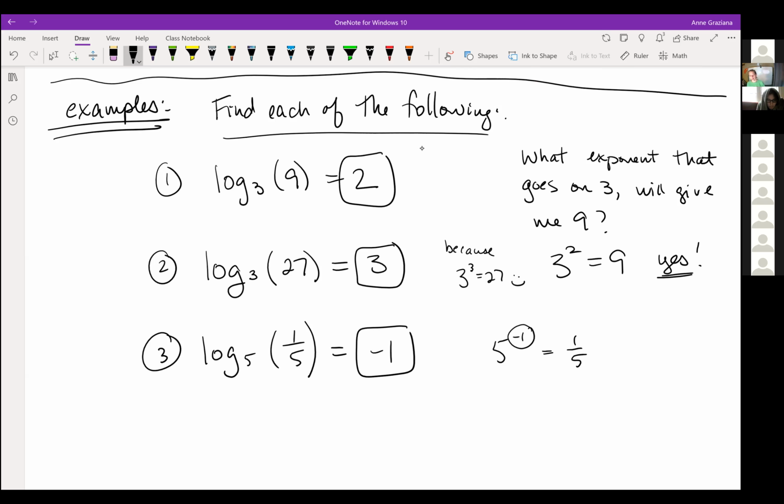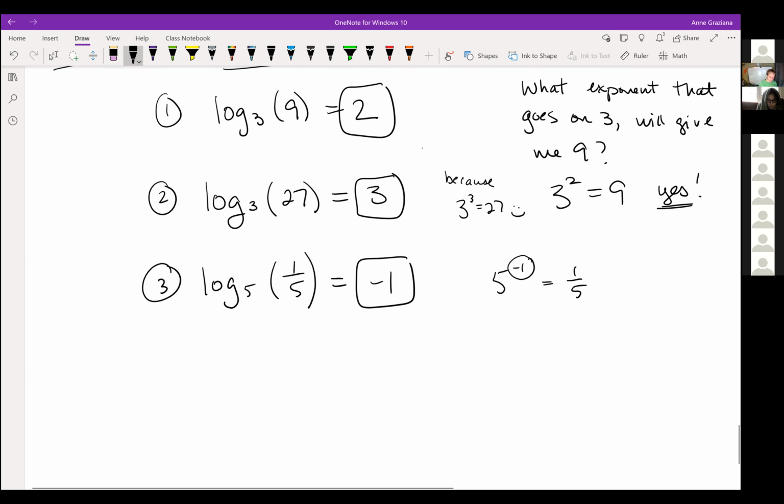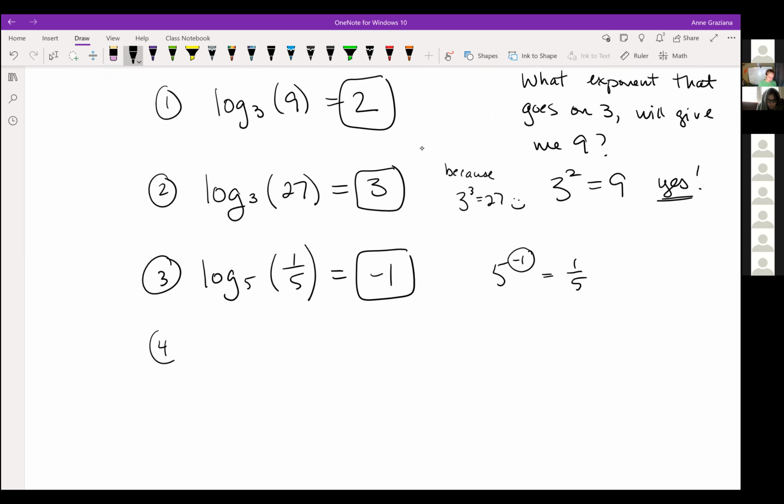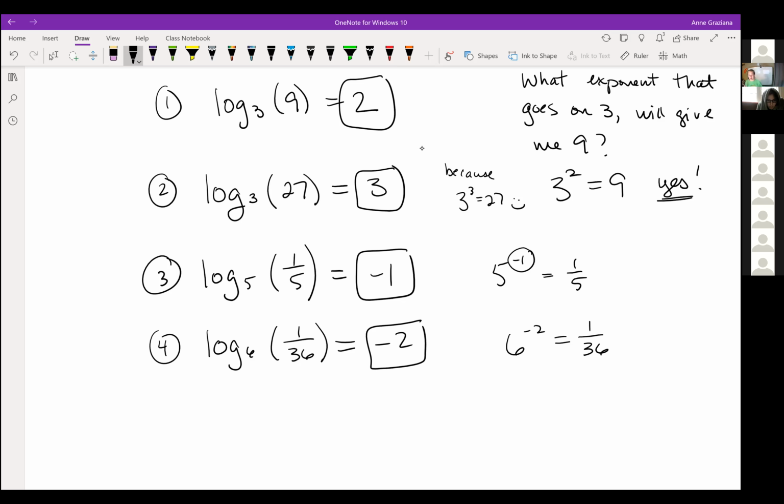Any questions there? All right, what about this? Log base 6 of 1/36. -2. Good, Michael. 6 to the -2 will give me 1/36. So the power is -2. The answer is the exponent.